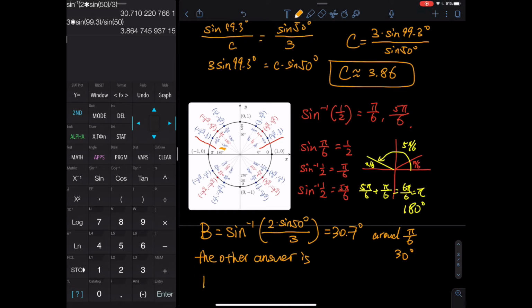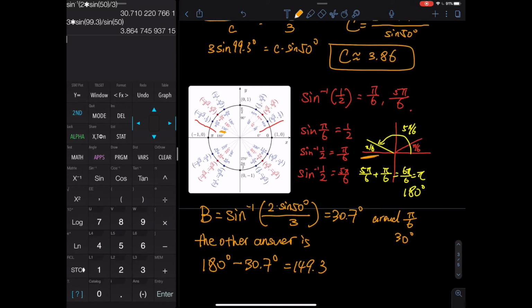You take 180 degrees, which is pi, and then you minus the pi over 6. Look right here, minus the yellow. It's not completely pi over 6, it is 30.7. So 180 minus 30.7, we have 149.3. What is 149.3? 149.3 is another possible measurement for angle B. I said another possible measurement.